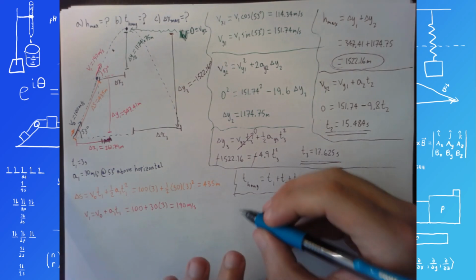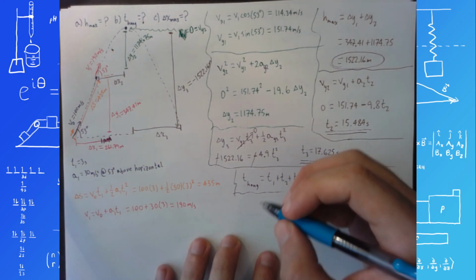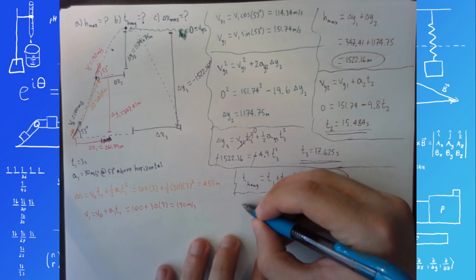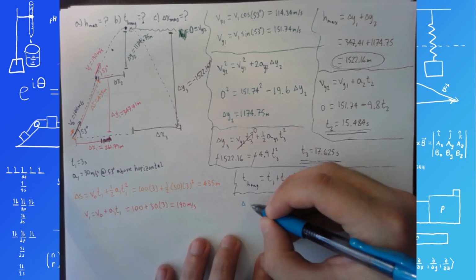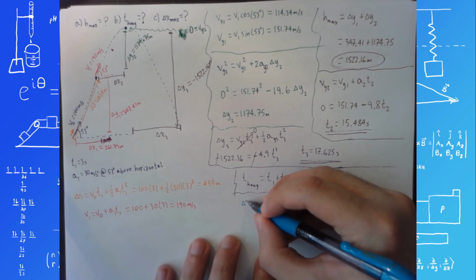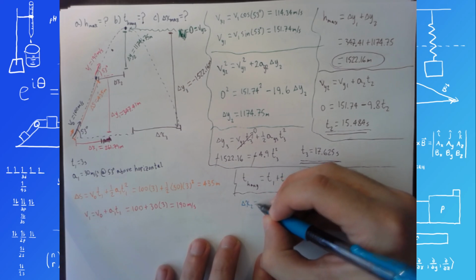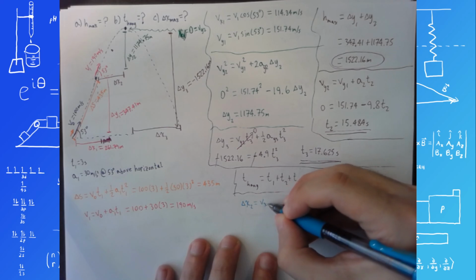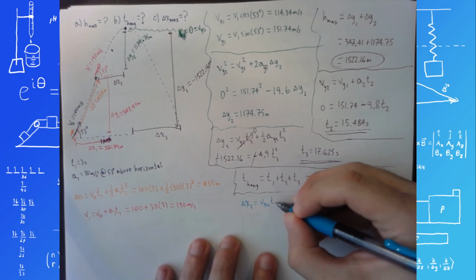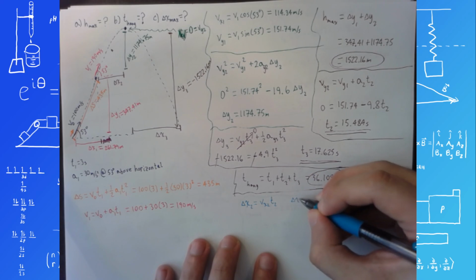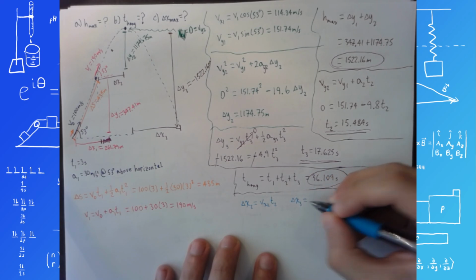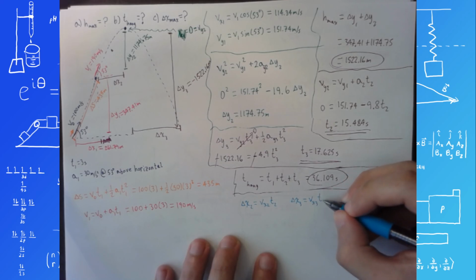So delta x2 would be equal to vx2 times t2, and then delta x3 would be equal to vx3 times t3.